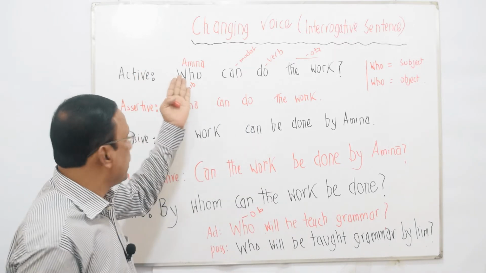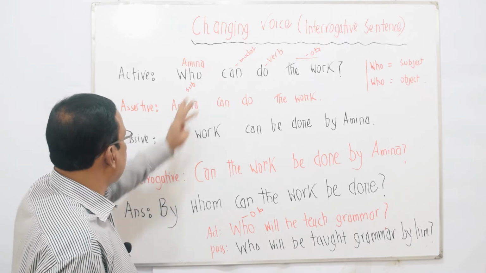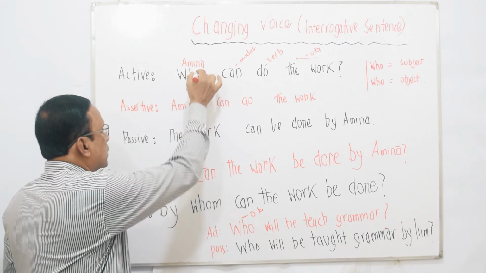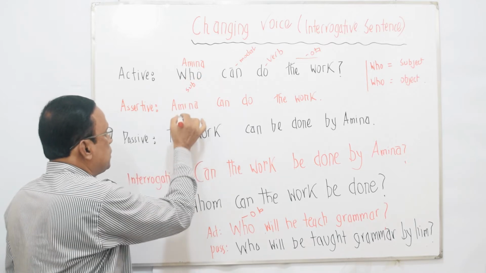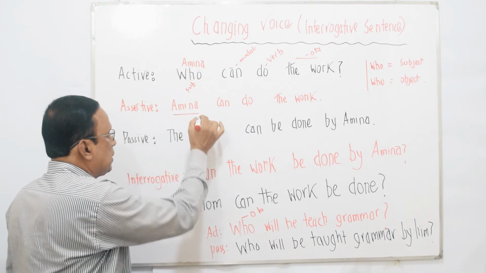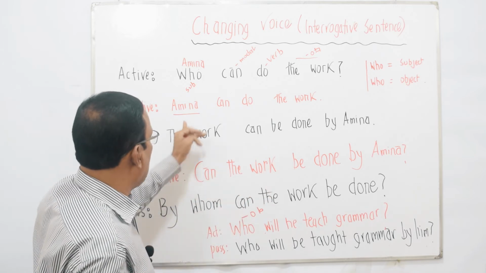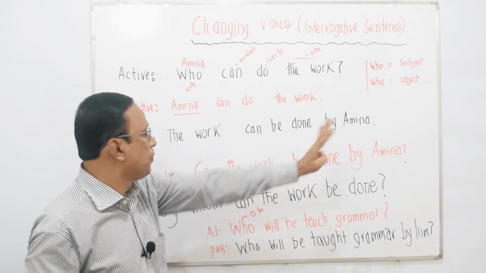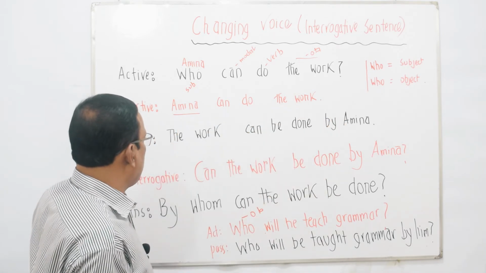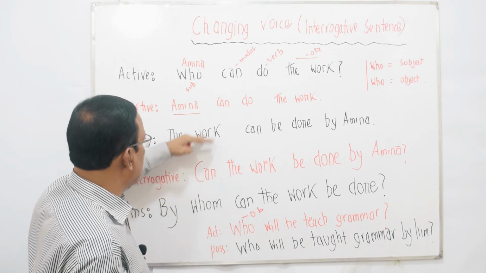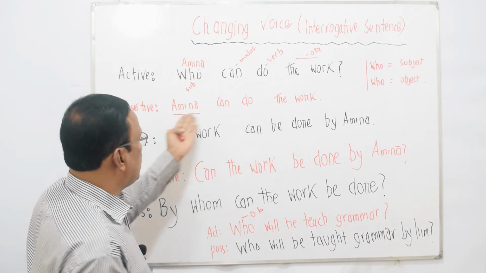So again, welcome back here. In the place of who we have used Amina, and writing this Amina here, carry on writing the rest of the sentence. What I found is that Amina can do the work. If we change this from active to passive, in fact this is an active structure, subject, verb, object.